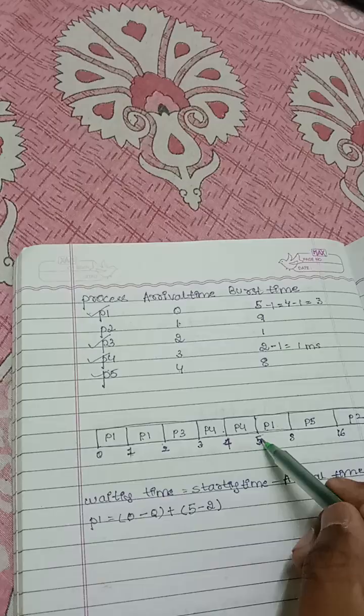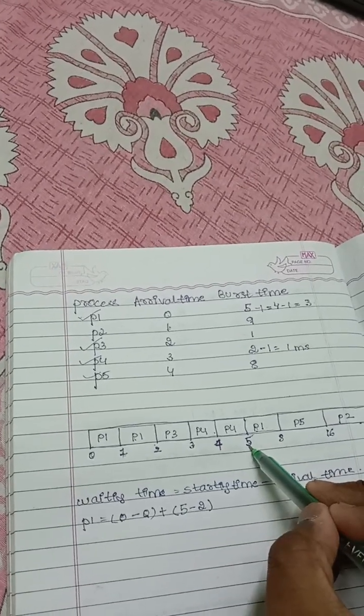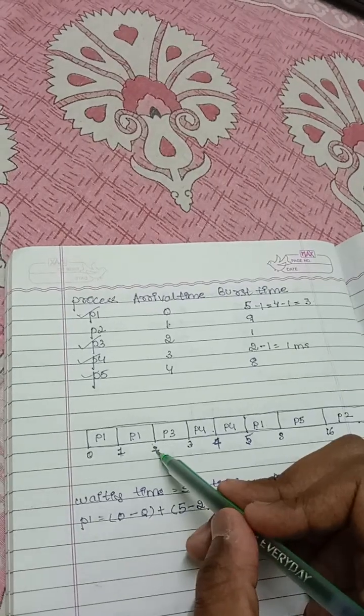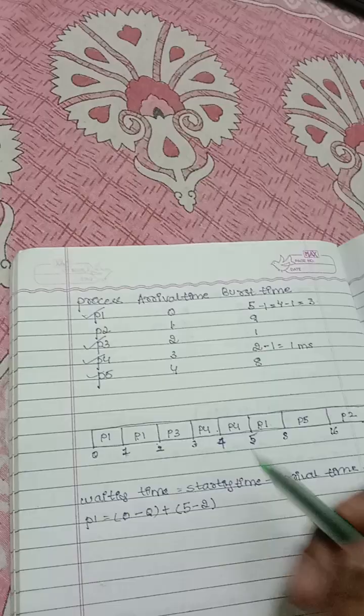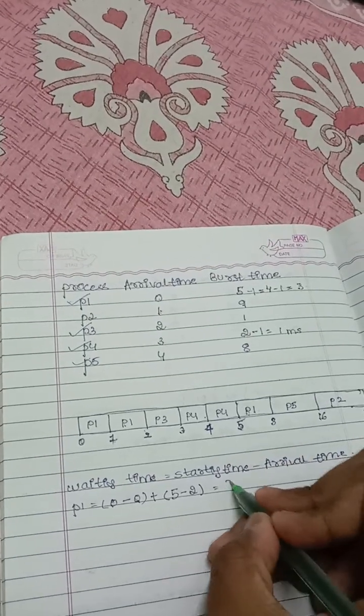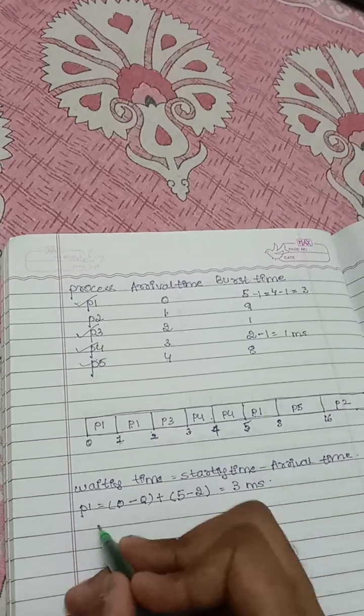The starting time when P1 entered the process for the second time is 5 millisecond, and the first burst ended at 2 millisecond, so it waited 3 millisecond totally.